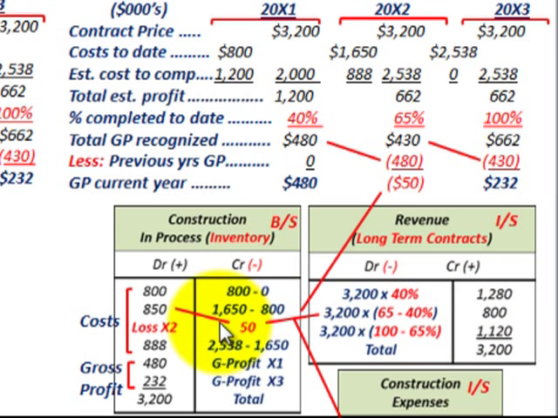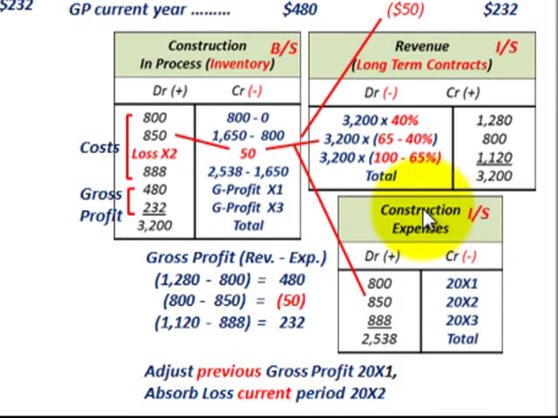We calculated our costs, and then if we go down to our construction expenses, again on our income statement, revenues we recognize on the income statement, and construction expenses on our income statement. That was simply what we would have accumulated in some accounts. I'm just showing them here. Revenue minus construction expenses is going to equal what our amounts are here.